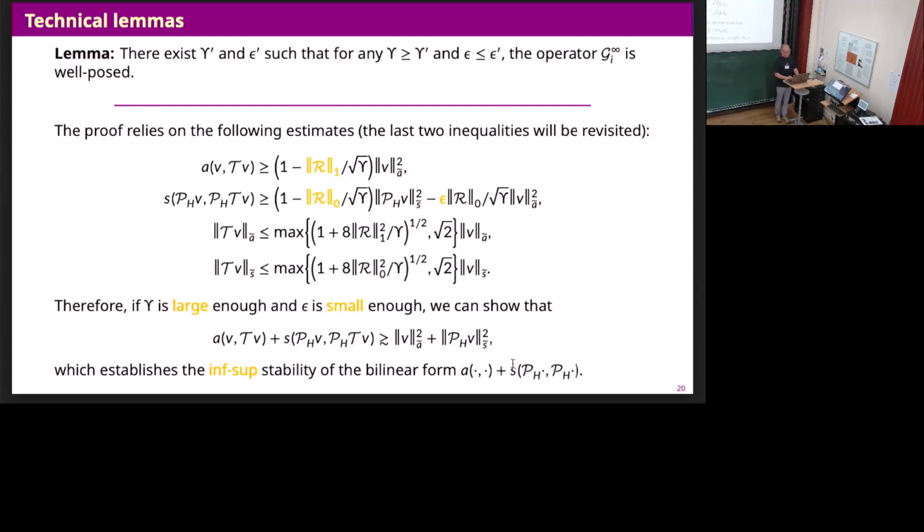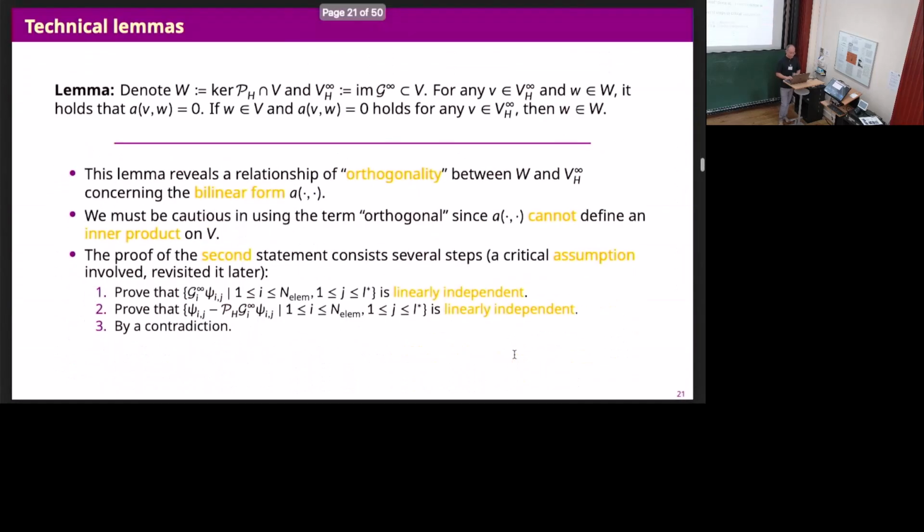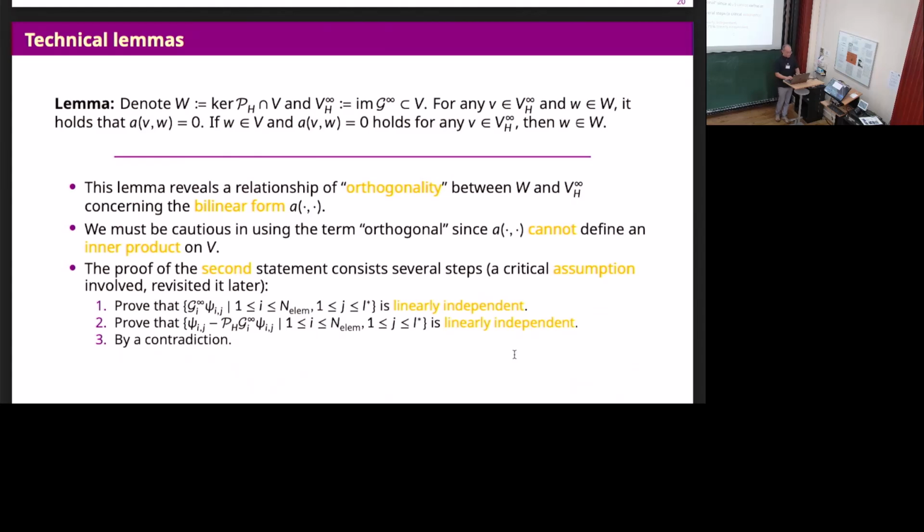And then combining these results, we show that this problem is well posed. Okay, and also another important idea that we use in the analysis is some type of orthogonality condition.